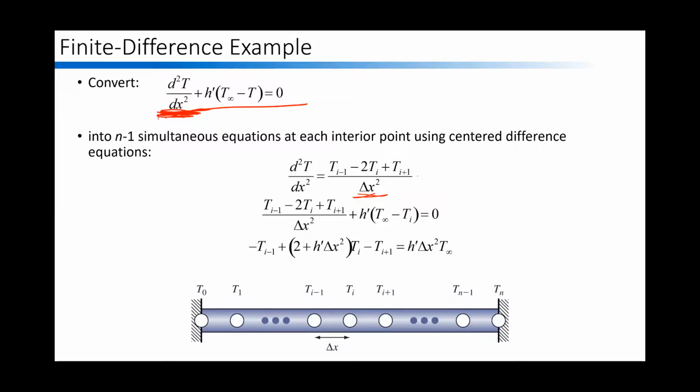By substituting that finite difference equation into the top equation, I find that T(i-1) minus 2Ti plus T(i+1) over some delta x squared, plus h times (T infinity minus Ti), is going to be 0. In essence, we're segmenting this out.